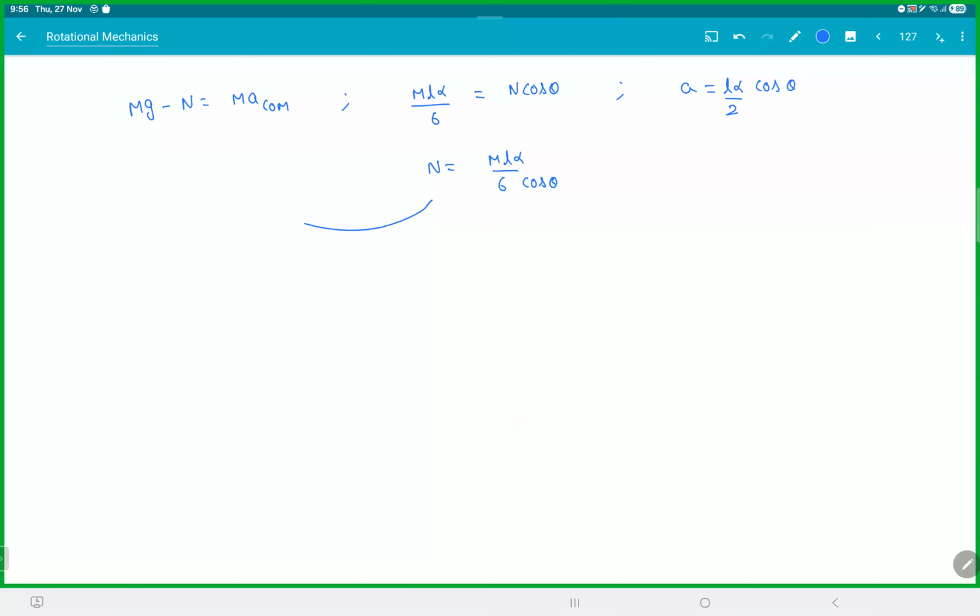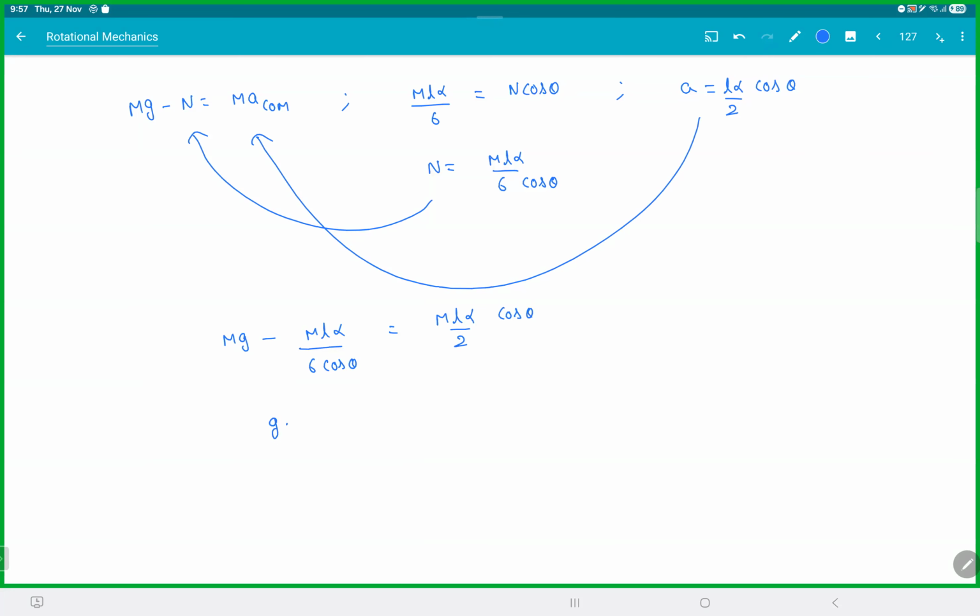Take this N, substitute here. Take this a, substitute here. Dump everything in this. mg minus ml alpha by 6 cos theta is ml alpha by 2 cos theta. This will be g equals L alpha times 1 by 6 cos theta by 2.